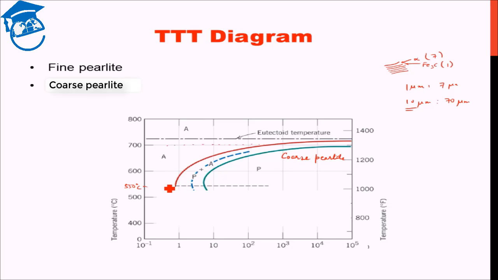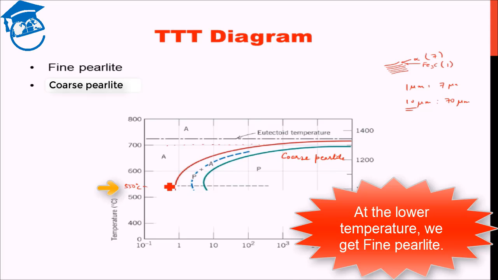But at lower temperature, we have a lot of driving force. Many nuclei originate, thereby the nuclei are quite close to each other, and added to the fact that diffusion is slower at lower temperature, we have fine pearlite at lower temperature.